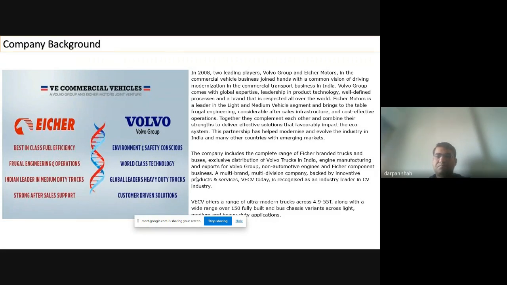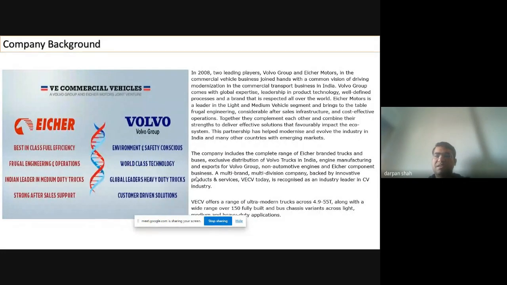So this is where the key technologies came into the picture, and Eicher Motors, being a leader in the light and medium duty commercial vehicle segment in India. This is basically from 4-ton gross vehicle weight to around 16-ton gross vehicle weight.